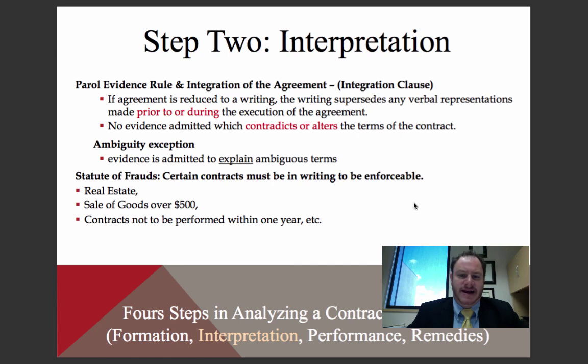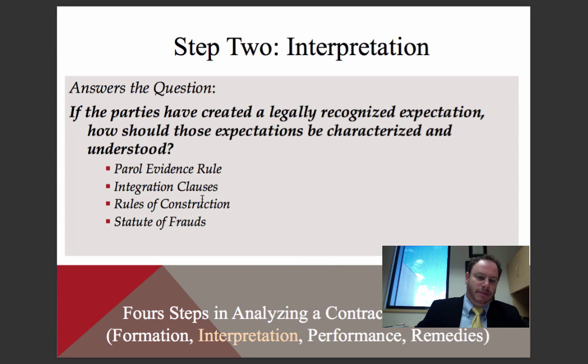But if the contract is not ambiguous, then it cannot be challenged, and no evidence can be admitted that alters or contradicts the terms. It can only be interpreted by what's written in the contract. So that would be both the parol evidence rule and integration clause.